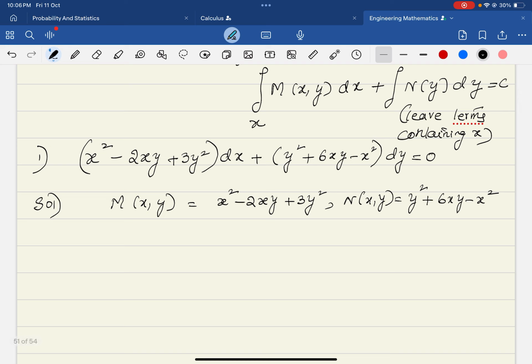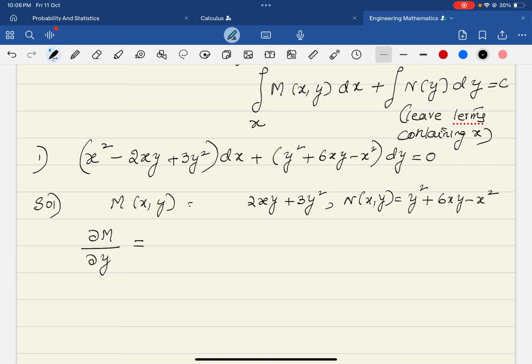So now we differentiate M, finding the partial derivative with respect to y. We treat x as the constant.